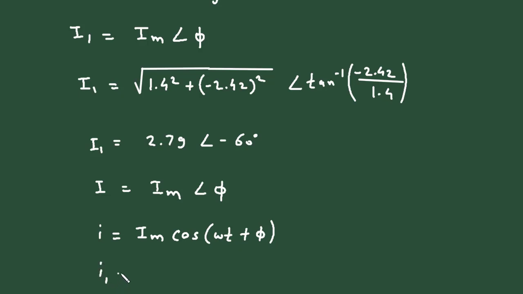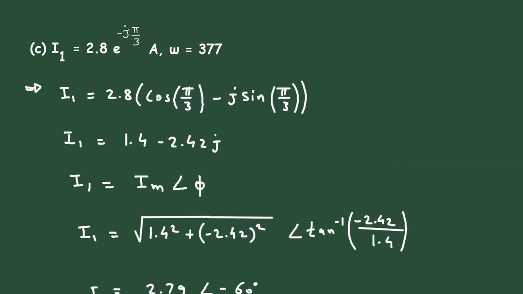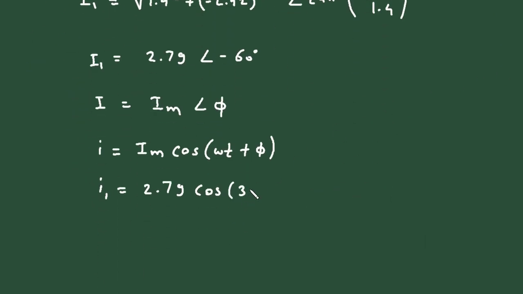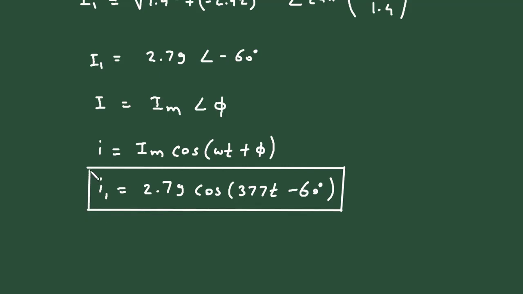So I1 is equal to 2.79 cos, the value of omega is 377, so 377t plus phi value, minus 60 degree. So this is the value in time domain format or in sinusoidal form.